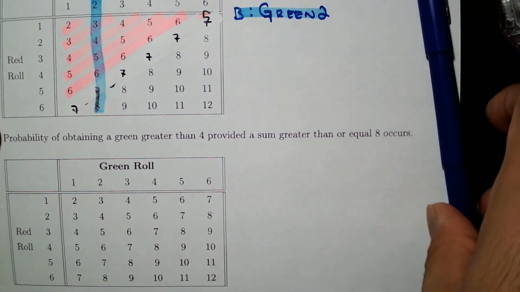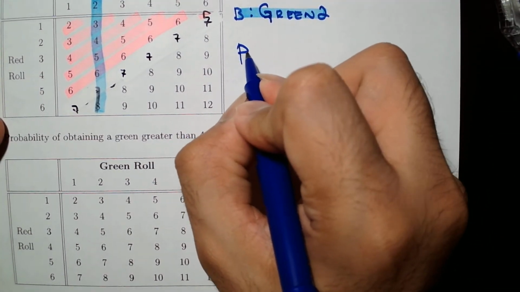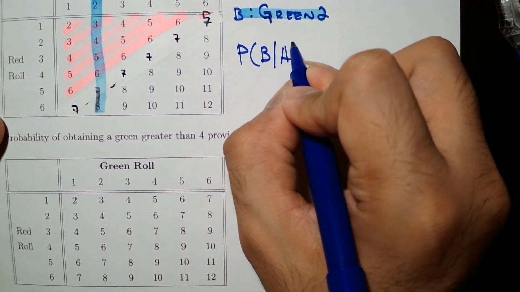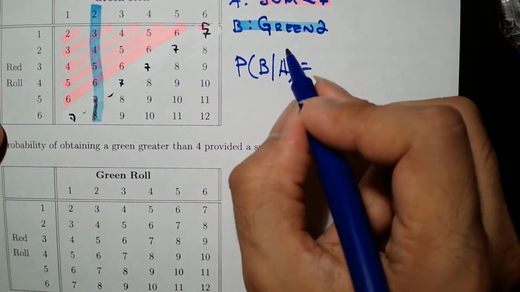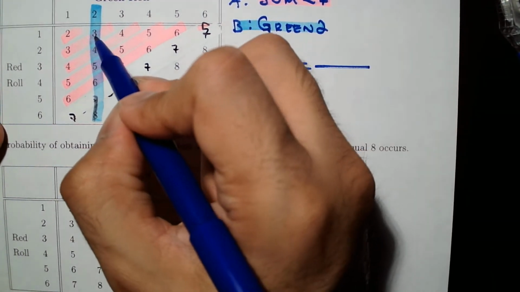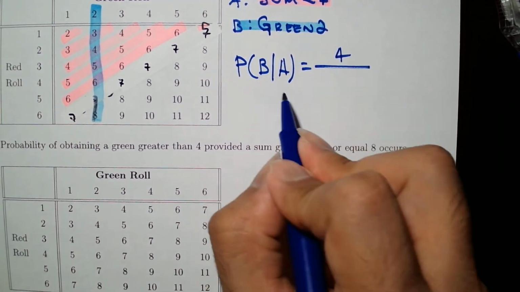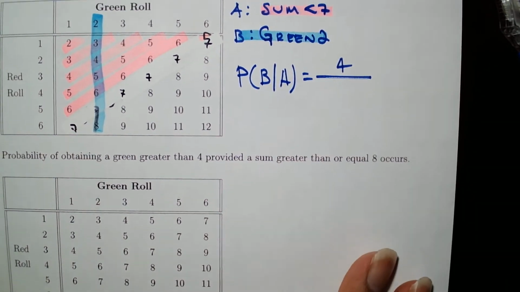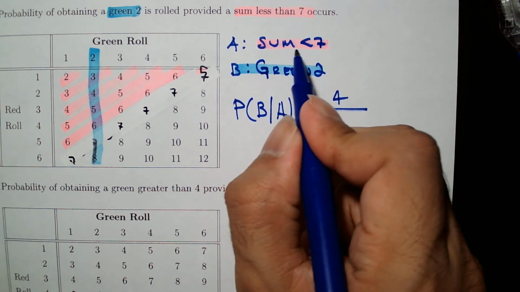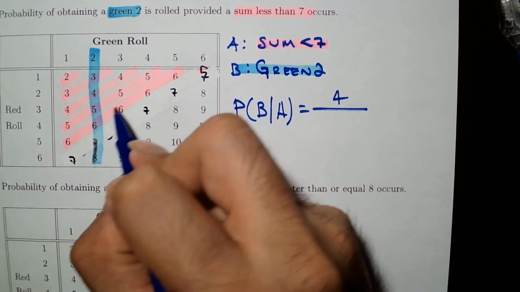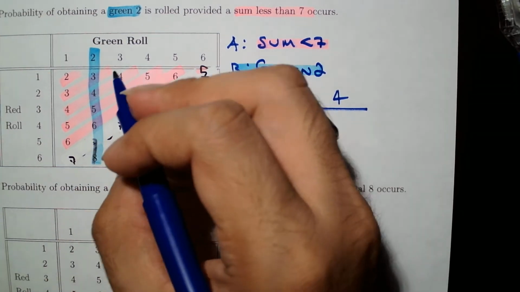So now I'm going to find the probability that event B occurs given A already occurred. So in the numerator, I'm going to have the number of overlaps, which is going to be how many? 4, and the probability of event A, which is sum less than 7, and all the outcomes whose sum is less than 7 are the ones that are highlighted in pink.